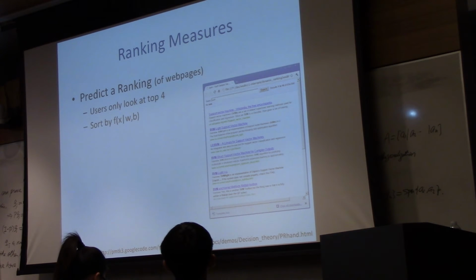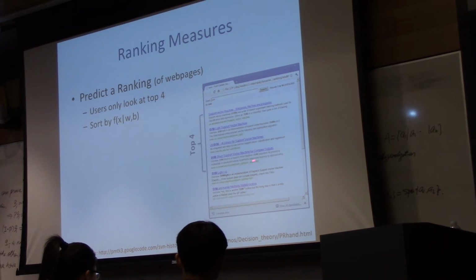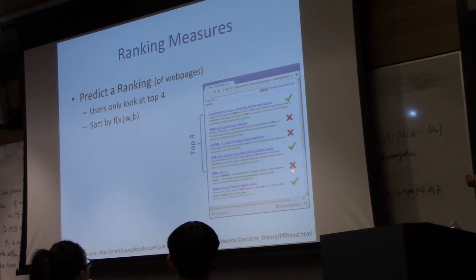Classically, you have some scoring function f, maybe a linear model. Users only look at the top 4, so we take all the possible search results for this query, sort by the scoring function, and that's what we show. Suppose the user would have found this result interesting had he or she looked at it, but didn't.